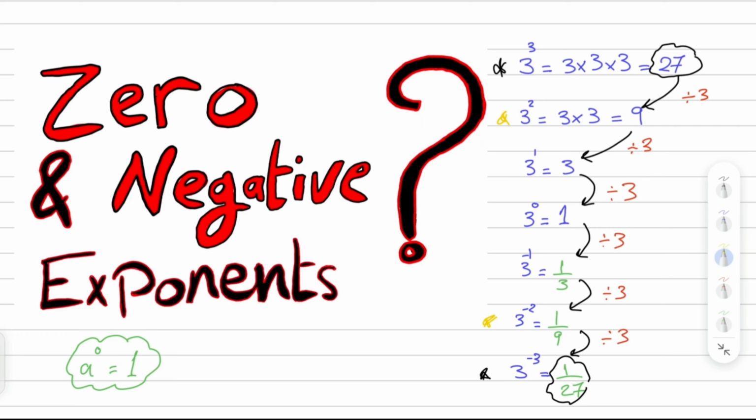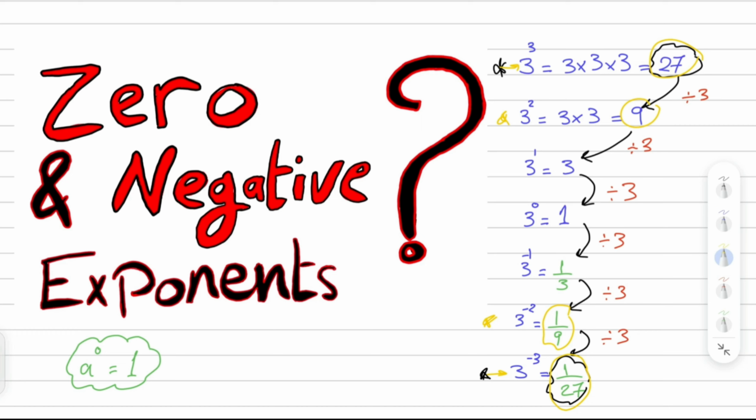Is there a relationship between them? Yes. The negative sign in the exponent means the reciprocal of the positive exponent. Like here, if we compare 3 to the power minus 3 with 3 to the power 3, here we get 27 and here we get 1 out of 27. This is the reciprocal. For 3 squared, we got 9, and for 3 to the power minus 2, we get 1 out of 9. This is the reciprocal.